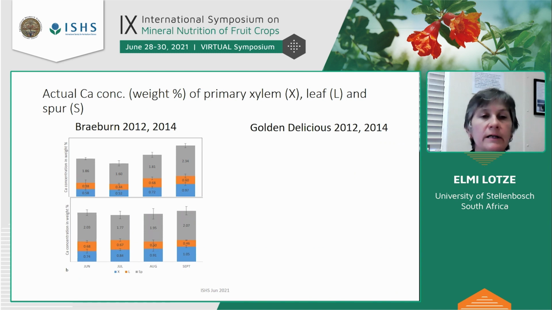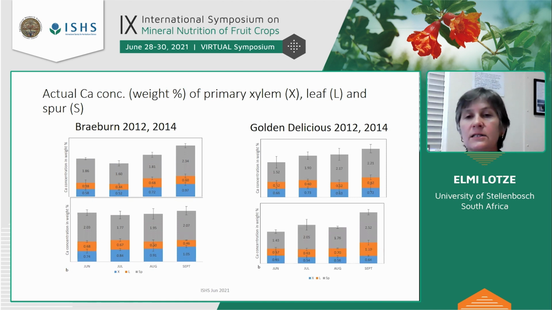We saw a significant increase in the calcium percentage of the spurs from June to September in the first season in 2012, but not so in 2014. We also see a slight increase in the calcium concentration of the xylem in 2012, and again a significant increase in the xylem concentration in 2014 towards the end of the season.